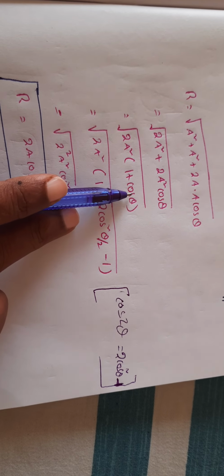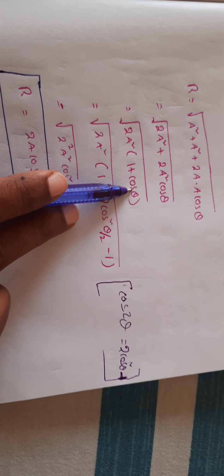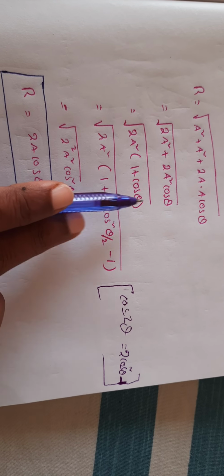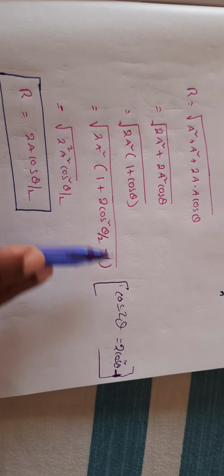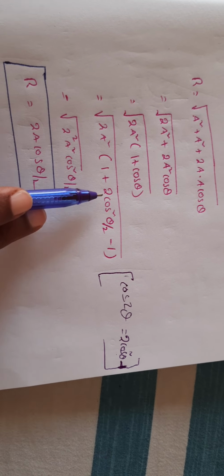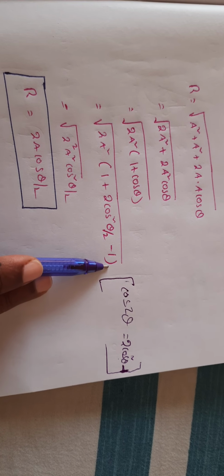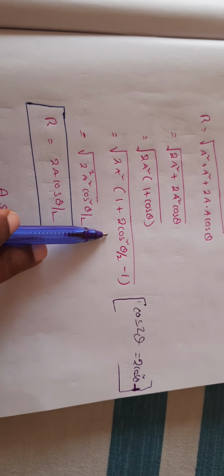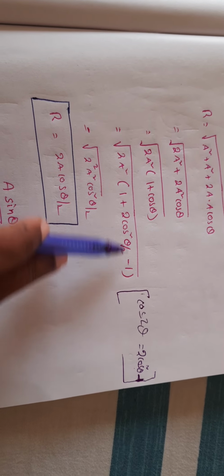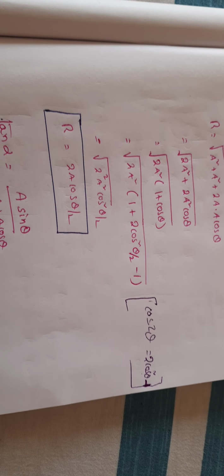But here what do you observe? In place of 2 theta, you have theta. So when in place of 2 theta you have theta, in place of theta you'll get theta by 2. That is the same here: 2 cos square theta by 2 minus 1. So in place of cos theta, you are writing 2 cos square theta by 2 minus 1. 1 and 1 minus 1 will get cancelled.